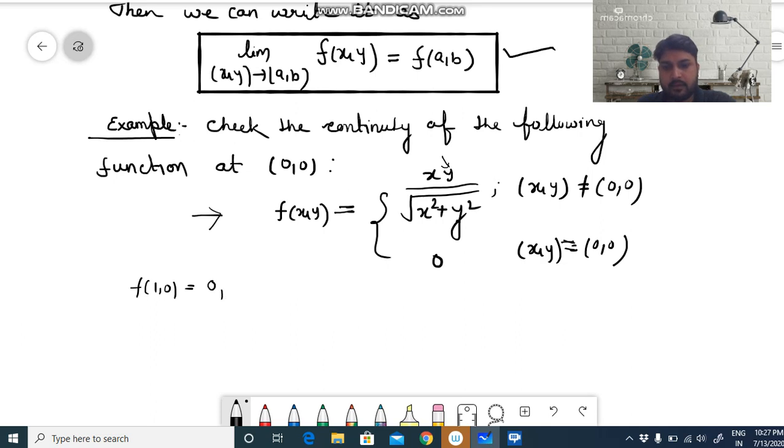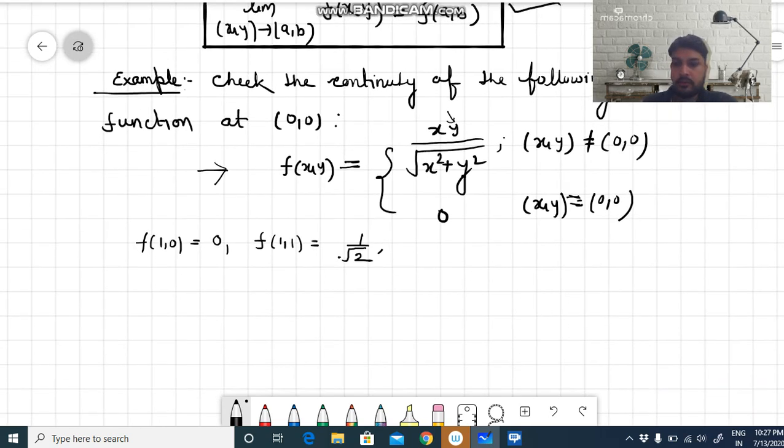Similarly we can find the value of the function at (1,1). It becomes 1 into 1 is 1 upon square root of 1 plus 1 is 2, that is 1 upon the square root of 2. So the value of the function only at origin is 0, otherwise we can find the value of the function from this rule.